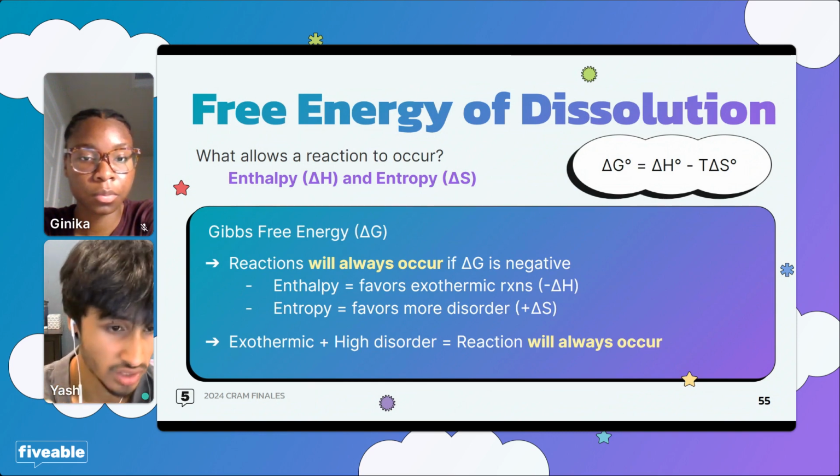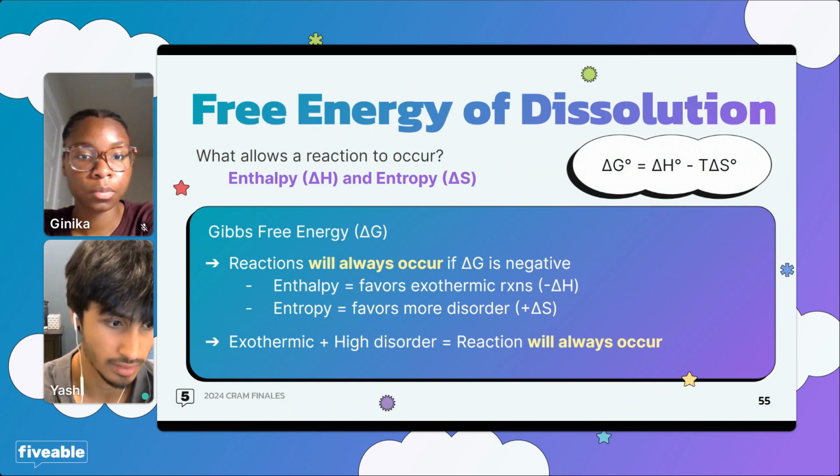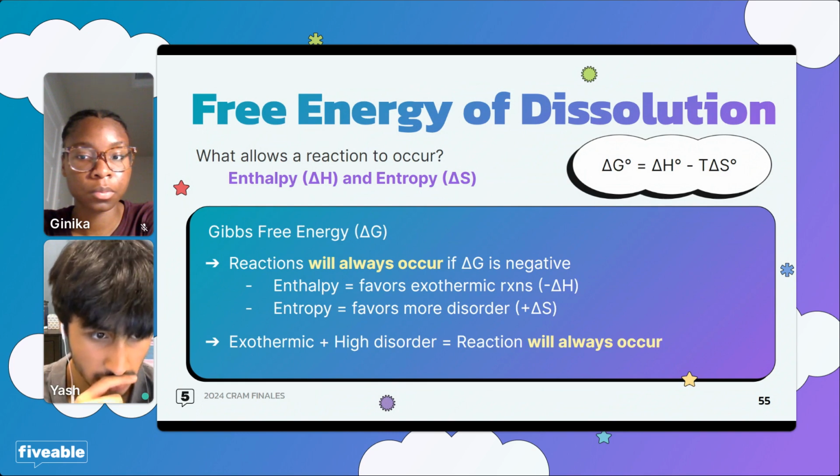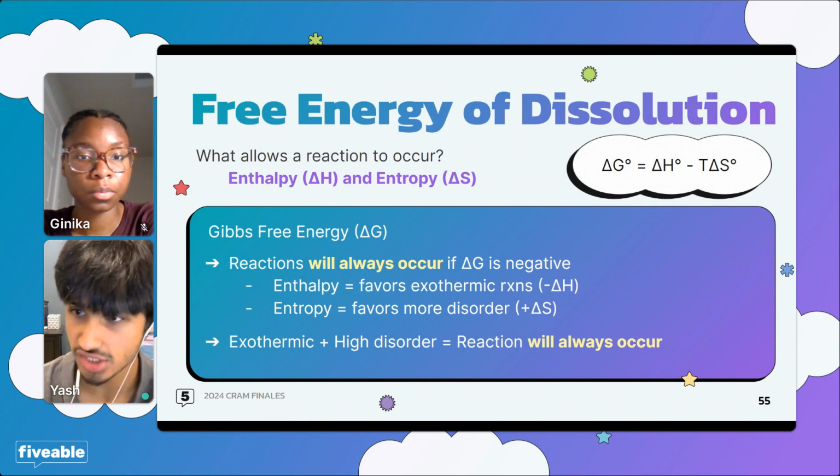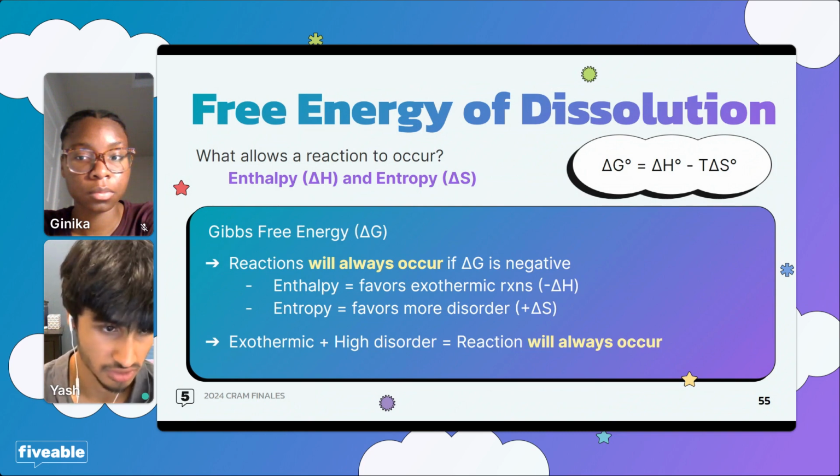But at the same time, you may also see a decrease in entropy because you have that very structured solvation layer around that strongly charged ion. It just depends really on whatever species you're working with.